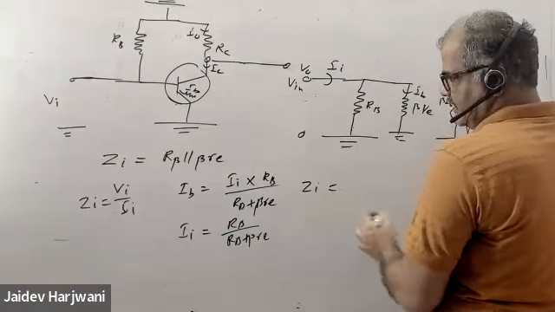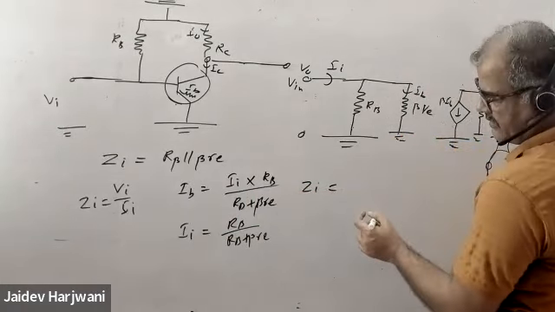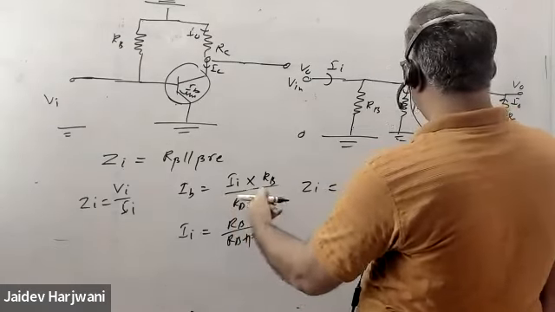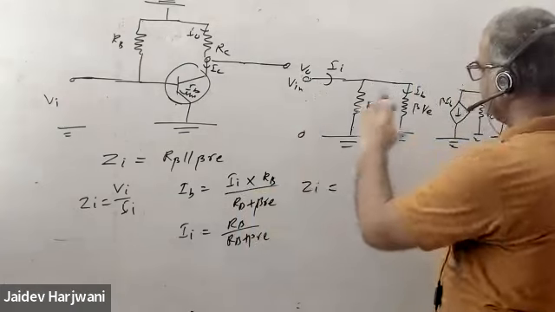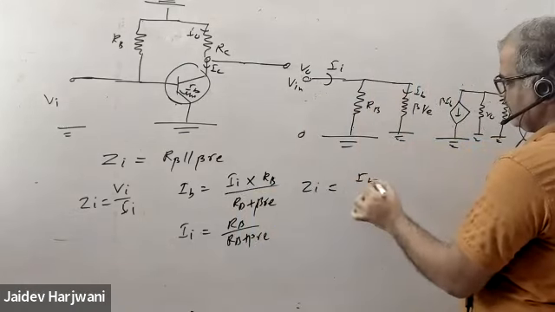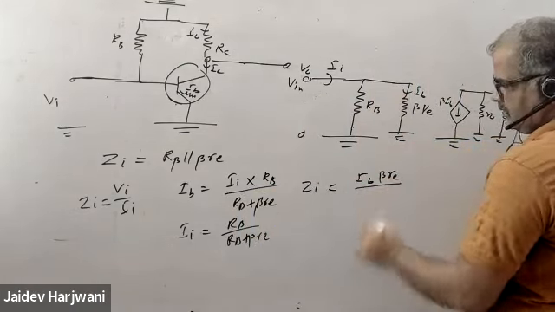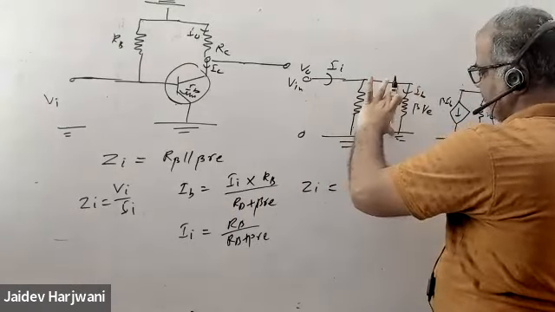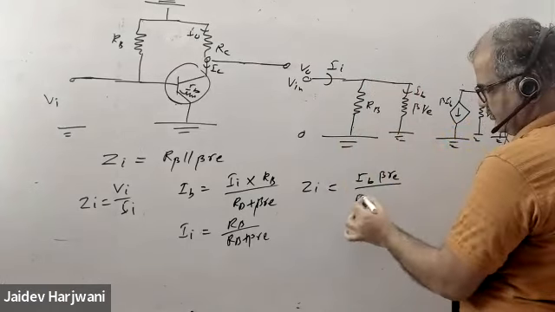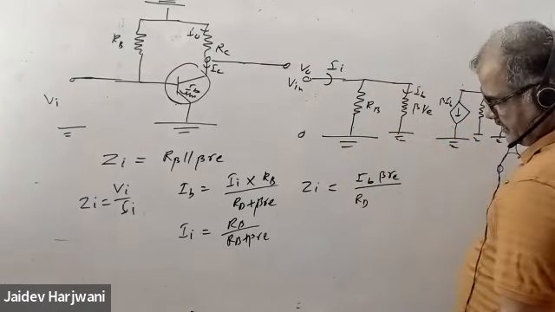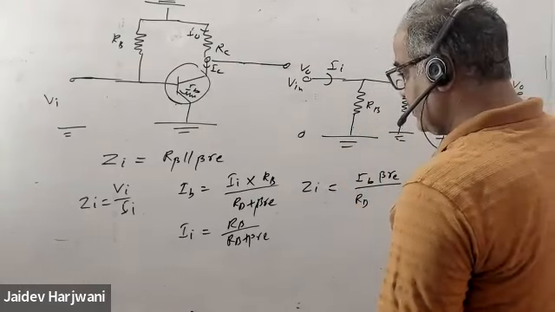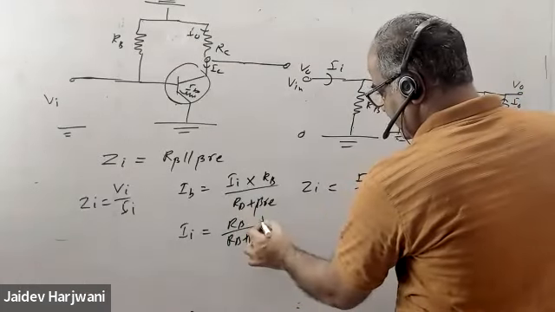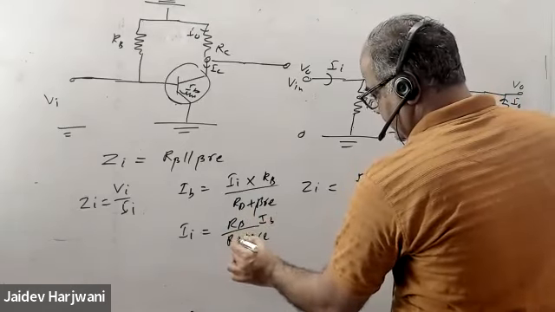ZI is simply VI upon II. VI is nothing but IB into beta RE. Either this one or this one, same. So I know this current, so I'm taking V input like this. Is that correct or not? Sorry.